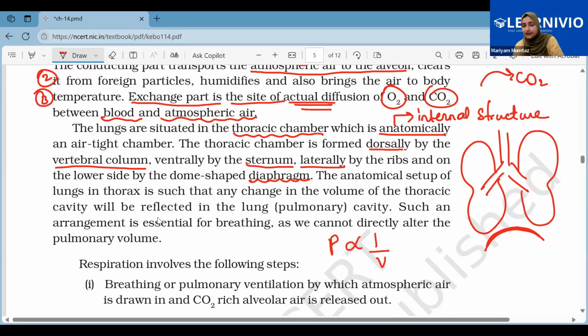Exactly. And here, if the pressure increases, the volume will decrease, and if the volume increases, the pressure will decrease. So our whole breathing mechanism is based on this. If someone asks what mechanism runs our breathing system, you would say the pressure-volume relationship, which tells us that pressure is inversely proportional to volume.